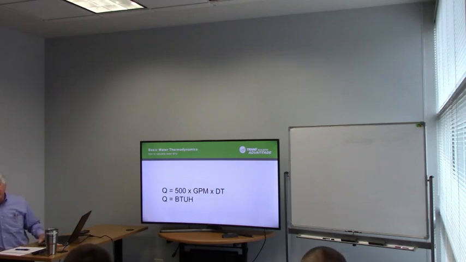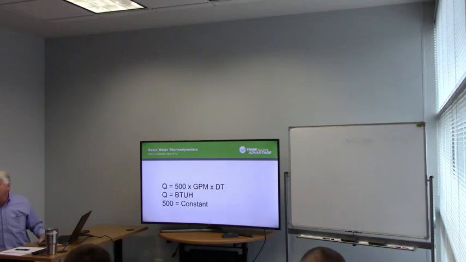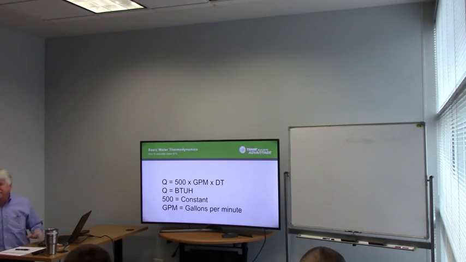Q is BTUH. Does anybody know what 500 is? It's a thermodynamic constant that comes from years of calculations. What's GPM? Gallons per minute of flow. And what's DT?